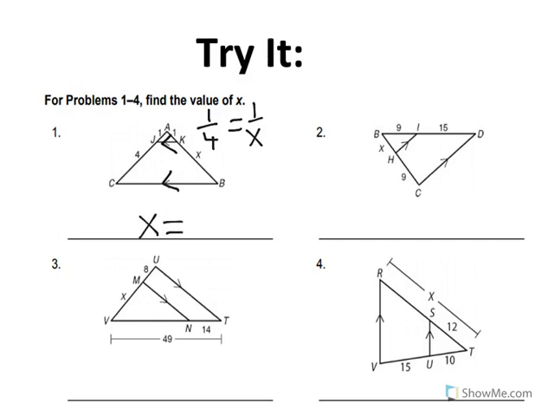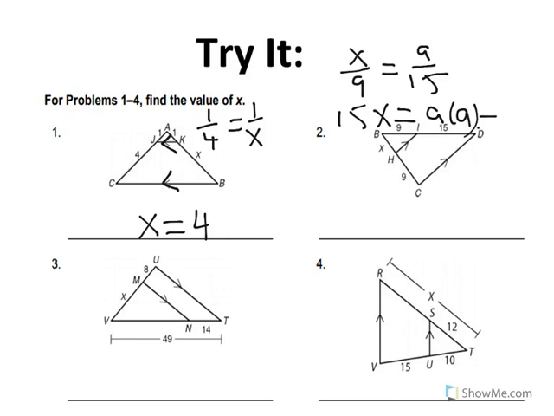In this case, x is 4. And for 2, you can say that x over 9 equals 9 over 15. So then we have 15 times x equals 9 times 9, which is 81. So x equals 81 over 15.